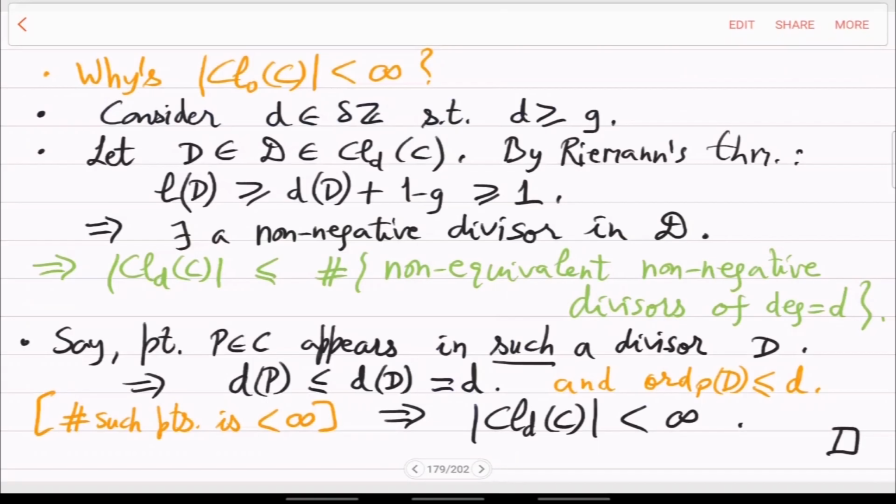We reduced it to a non-negative divisor, and then we used the definition of this L(D) sheaf to show that we can now assume the divisor is positive.